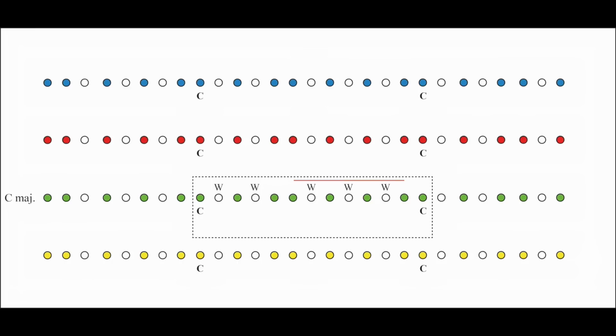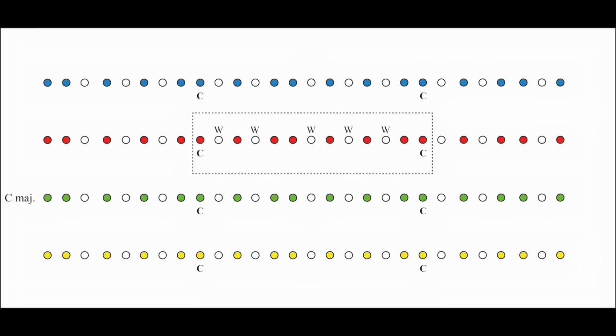So this is C major. Let me label this. The green we're going to leave where it is. That's C major. But now, 2 holes, 3 holes. If I take the upper note in my half step, and I just move that up by 1, it's the same pattern, you see?